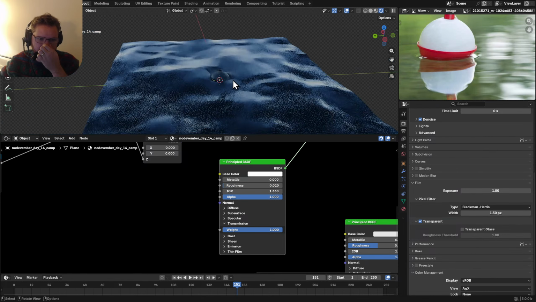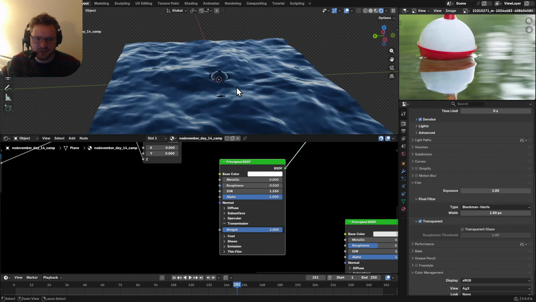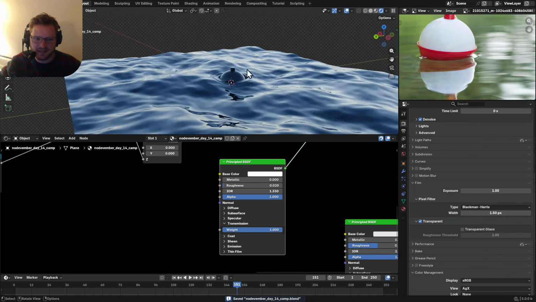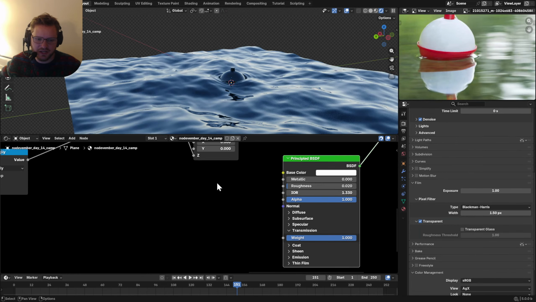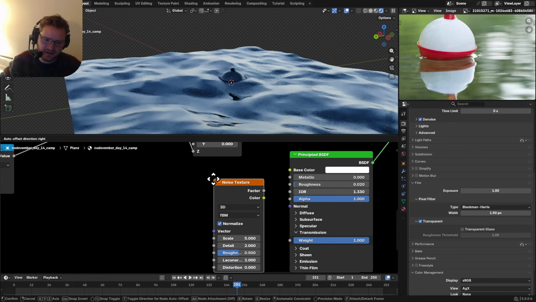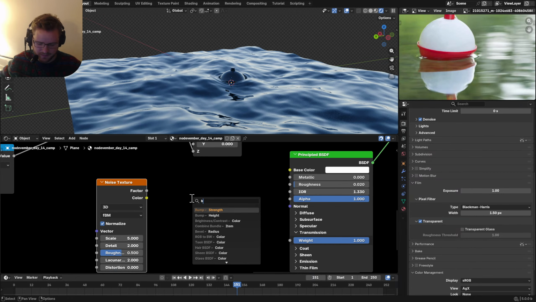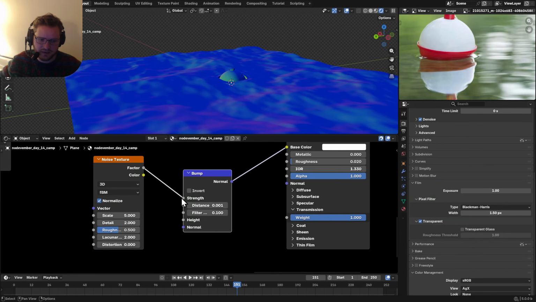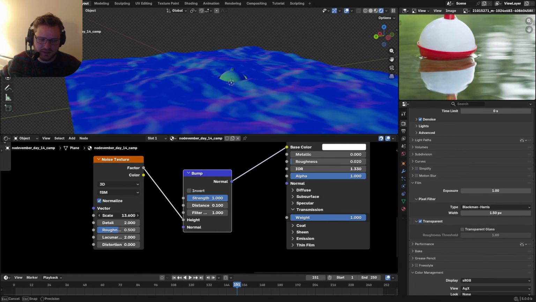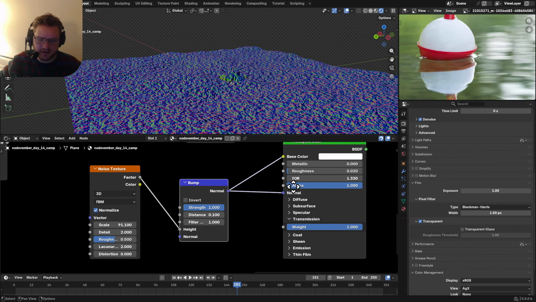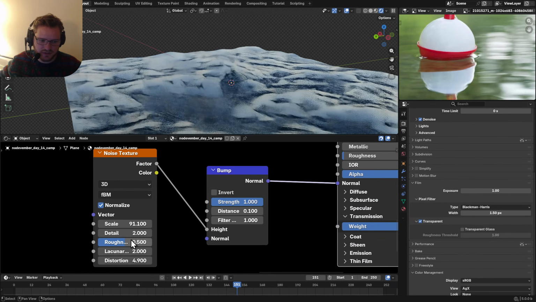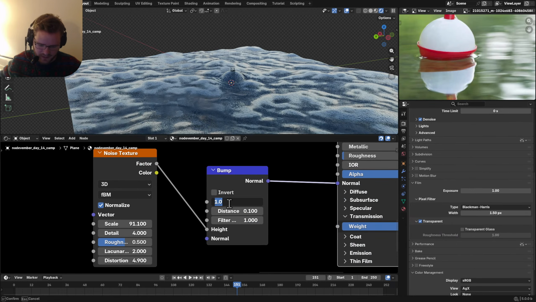Okay. And if you were here at the very beginning of the tutorial, you might remember that I said all the detail isn't actually in this. This is just the animation. All the detail comes from your bump mapping. So if I do something like this, let's say, and we'll play with this in a bit, but just pick some numbers, make them big, connect, view, distort, detail, and make it softer.